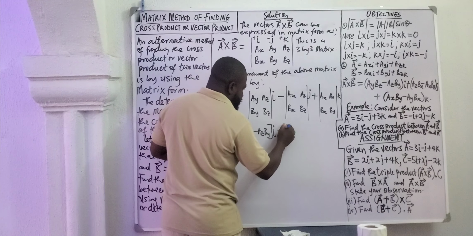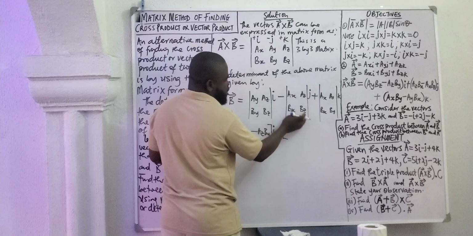Likewise, I take this minus, I will use AX to multiply BZ.